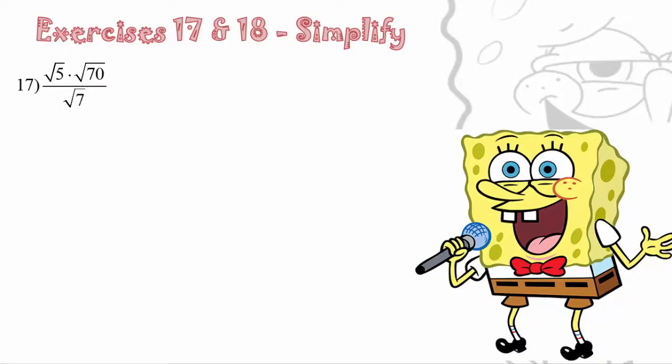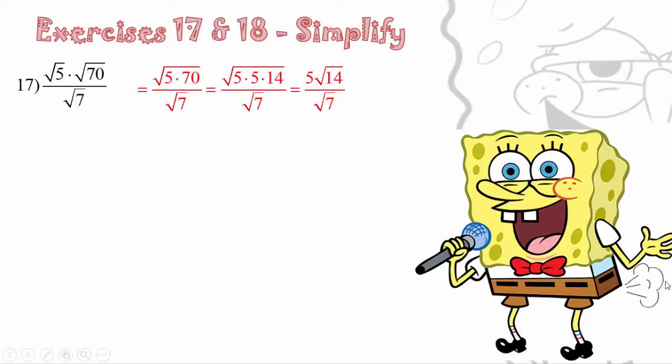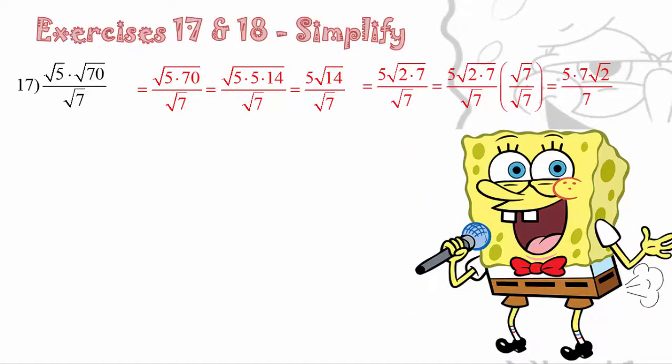In reviewing what we did on the whiteboard, we discussed there's probably 2 different ways of going about number 17. So one way was to split everything up into perfect squares and find that we get 5 square root of 14 over square root of 7, then rationalize the denominator in order to get 5 square root of 2 after simplification.